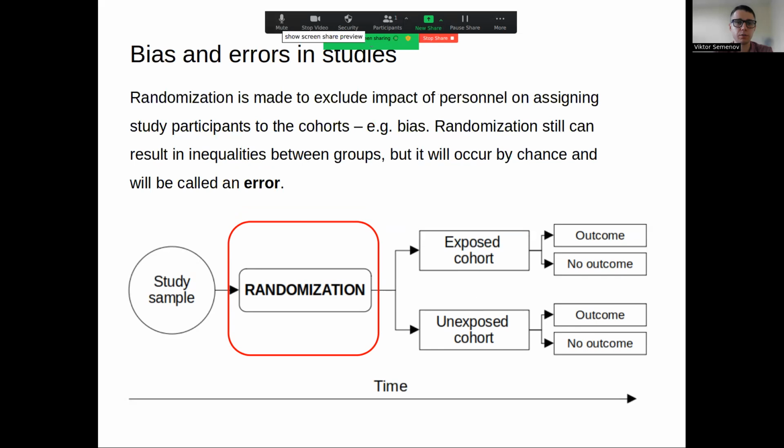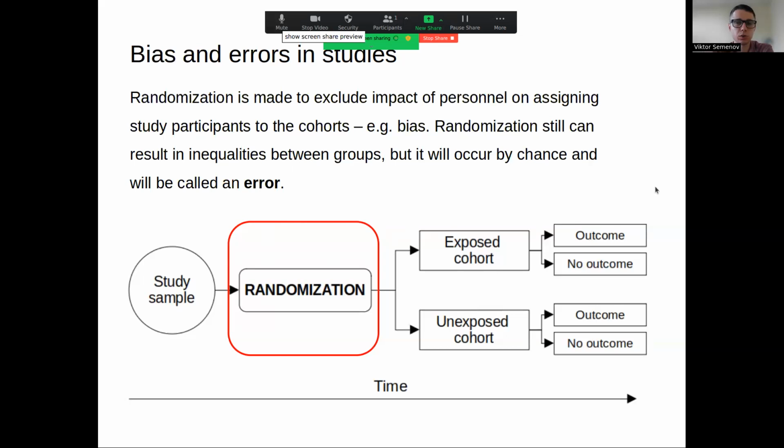For example, if this selection is done by a specialist, for example, a doctor, he might have some presumptions about which patients are more likely to develop an outcome and who is less likely to develop an outcome. And he might be willingly or unwillingly assigning people to the exposed or unexposed cohort based on his expectations.